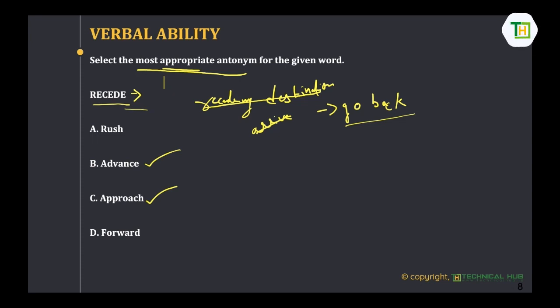But here we are talking about the destination, moving back, so the exact antonym is approach, not advance. If only advance is given and the remaining three words are different, then advance is correct. But along with advance, if approach is also given, approach is the right word to choose. Hope you got it, Ravichandra.